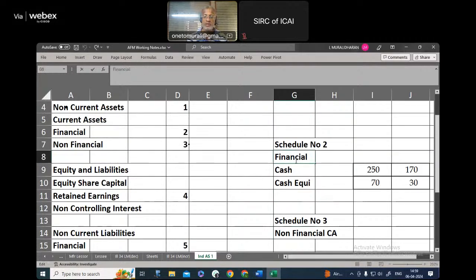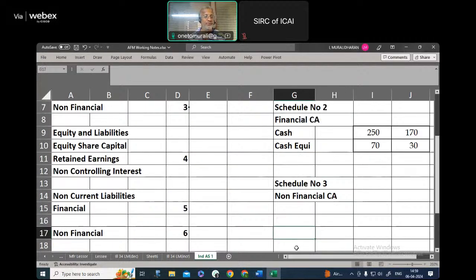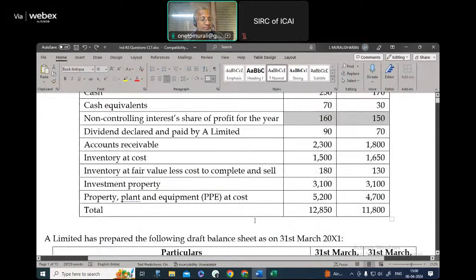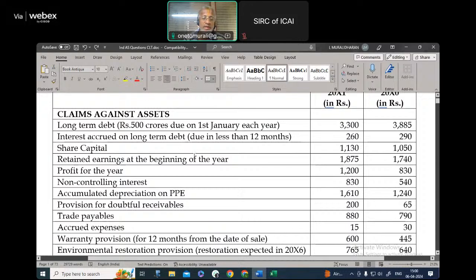Financial current assets. Schedule number 4. Under that, retained earnings. We have retained earnings given in the problem. Retained earnings 1875.